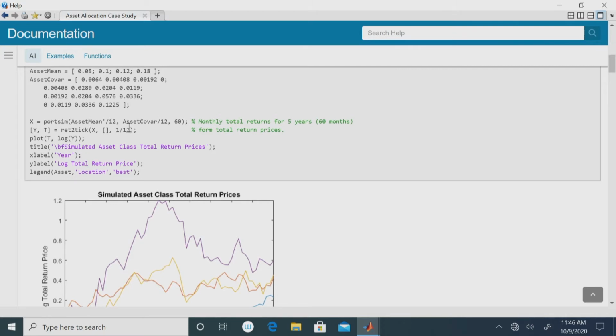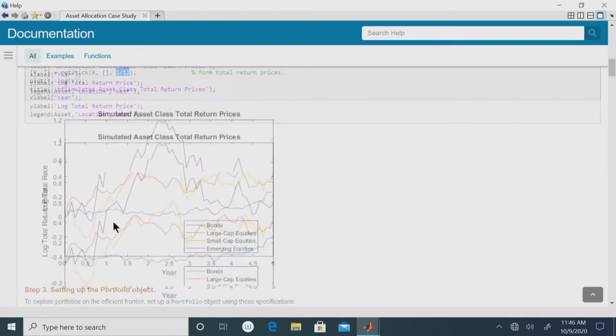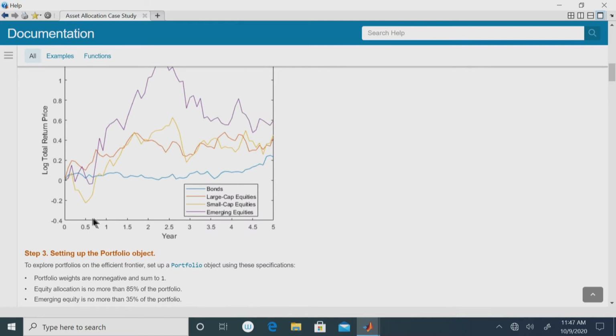These are values that are projected on a monthly basis. That is why you have intervals of 1/12. So, accordingly you see we have intervals of 1/12.